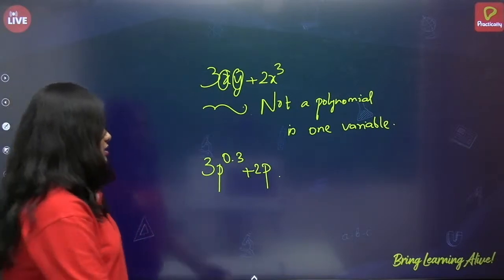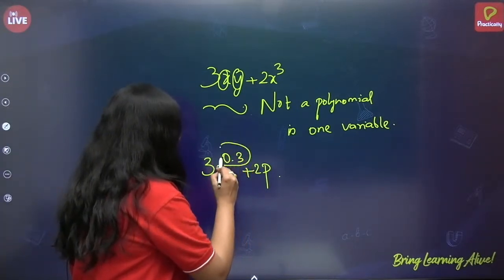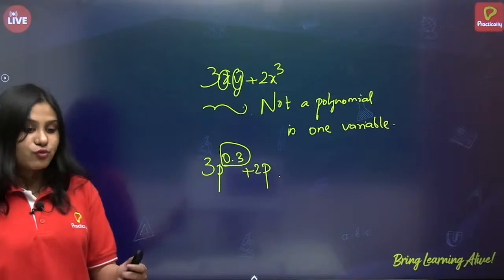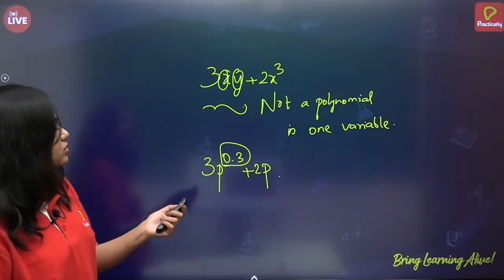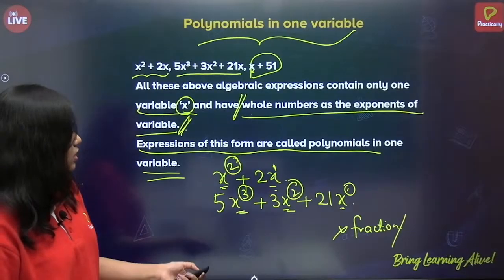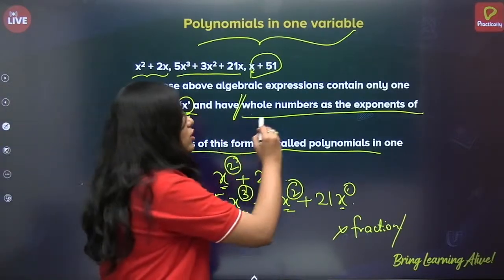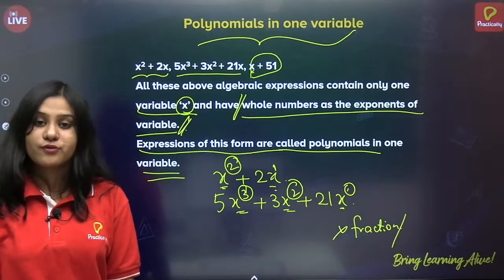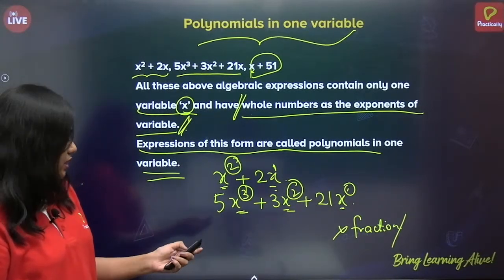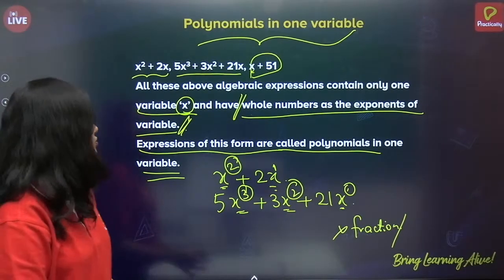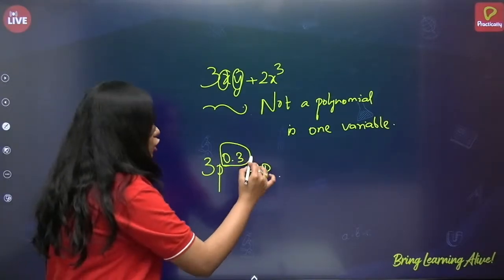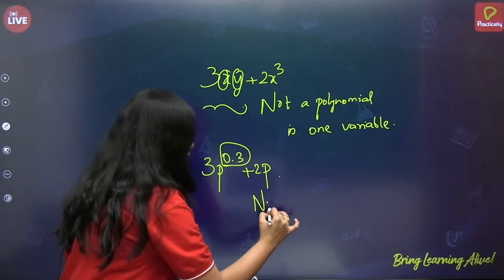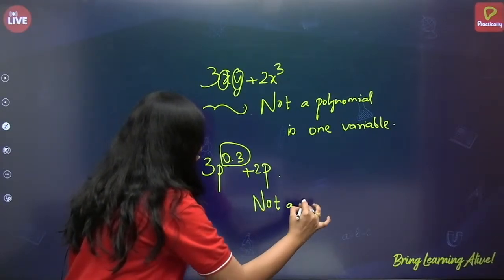Why? Because here the exponent is 0.3, and what have we studied in the definition? Whole numbers should be the exponents of the variable, but here it is 0.3, which is not a whole number. So this is also not a polynomial.